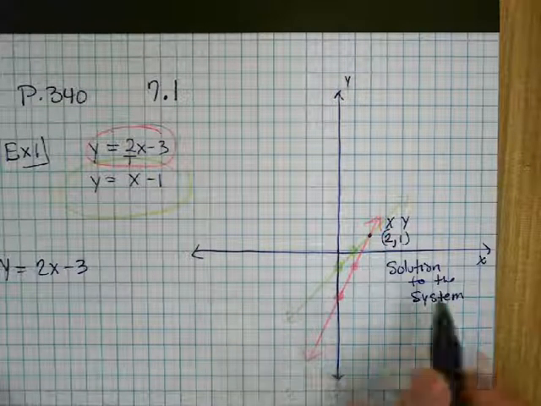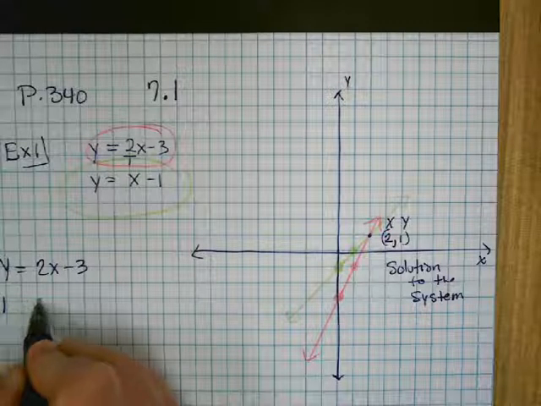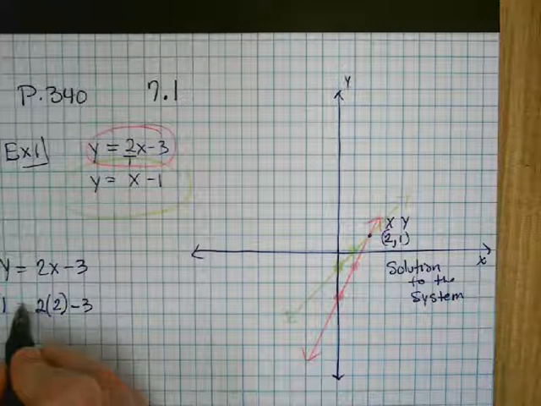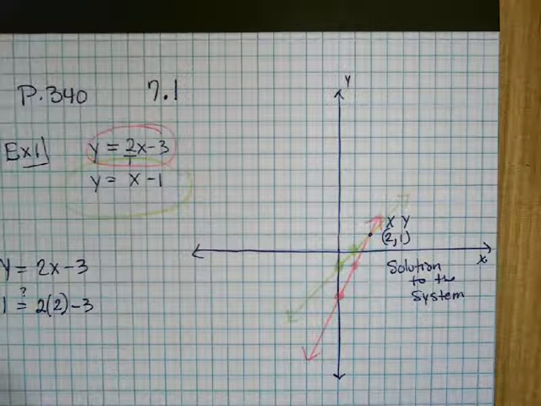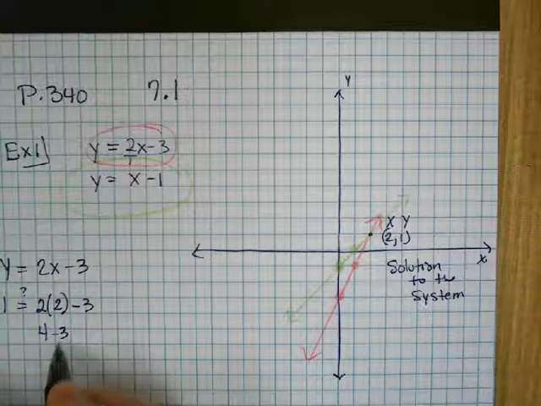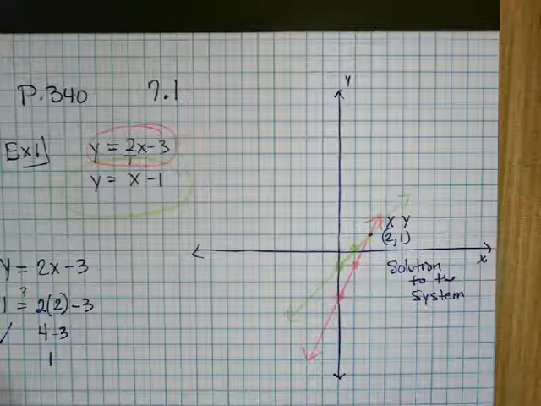I'm going to use these values for x and y. 2 times 2 minus 3. I'm proving this to you here. 2 times 2 is 4, and 4 minus 3 is 1. So did they work? Yes, they worked for that equation.